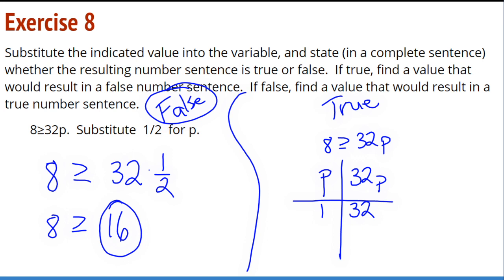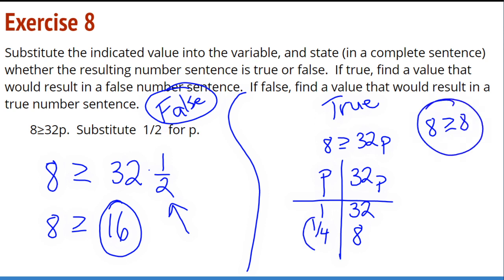So I'm thinking that I need to be multiplying by something less than the half. Probably a lot less than the half. So let me try 1/4. 1/4 of 32 is 8. Can I say that 8 is greater than or equal to 8? Yes. So it would be true if the value of p is 1/4.